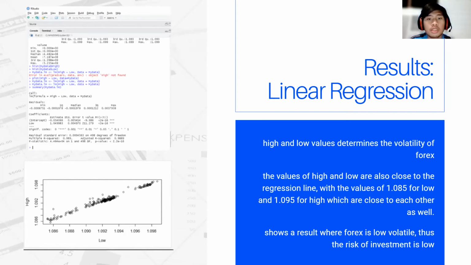As shown in the graph, it has the same results as the values of open and close, where the values of high and low are also close to the regression line, with the values of 1.085 for low and 1.095 for high, which are also close to each other. This shows a result where Forex is low volatile, thus the risk of investment is low.